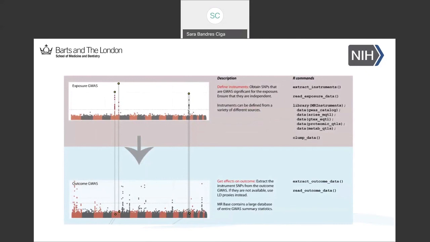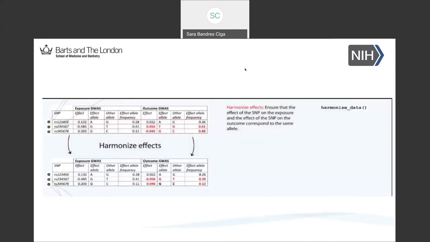So the next step, and this is really important, is harmonization of your data. Harmonization is basically making sure that the effect of the SNPs in the exposure and the effect of the SNPs in your outcome correspond to the same allele.